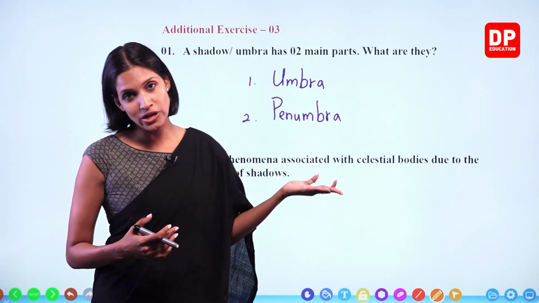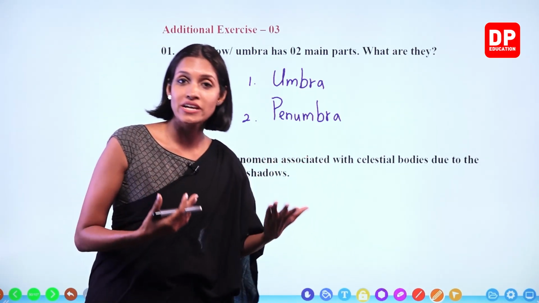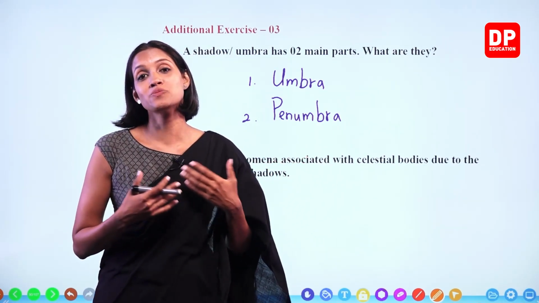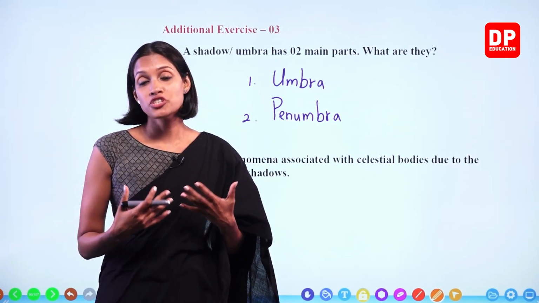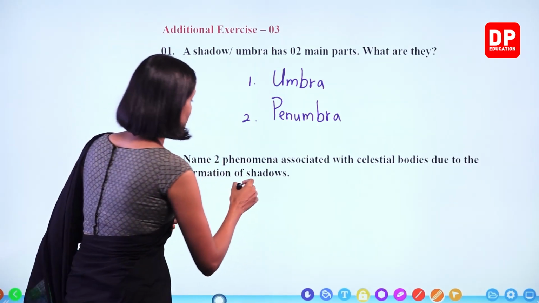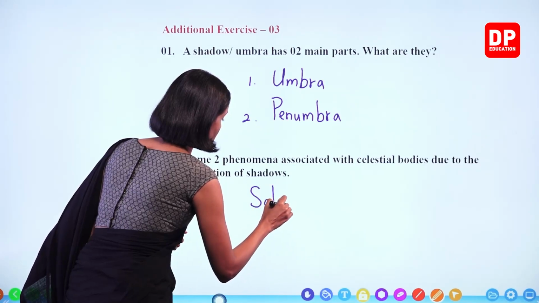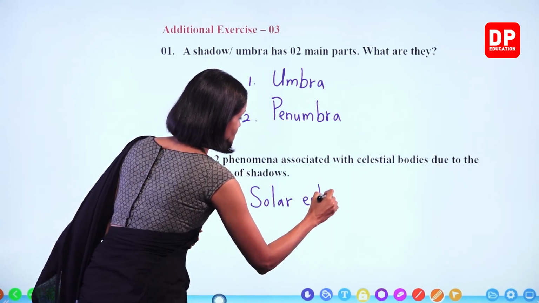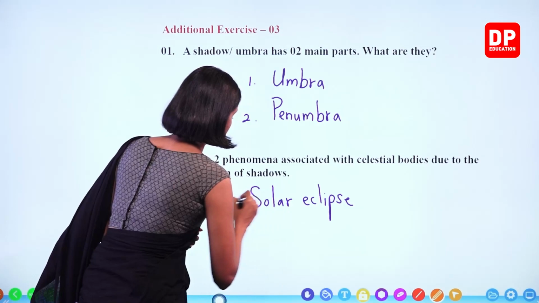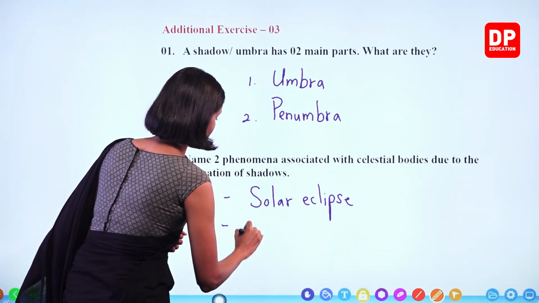Solar eclipse, lunar eclipse. We learn about that. Solar eclipse and lunar eclipse take place because of the formation of shadows. Okay, children? Solar eclipse, lunar eclipse.